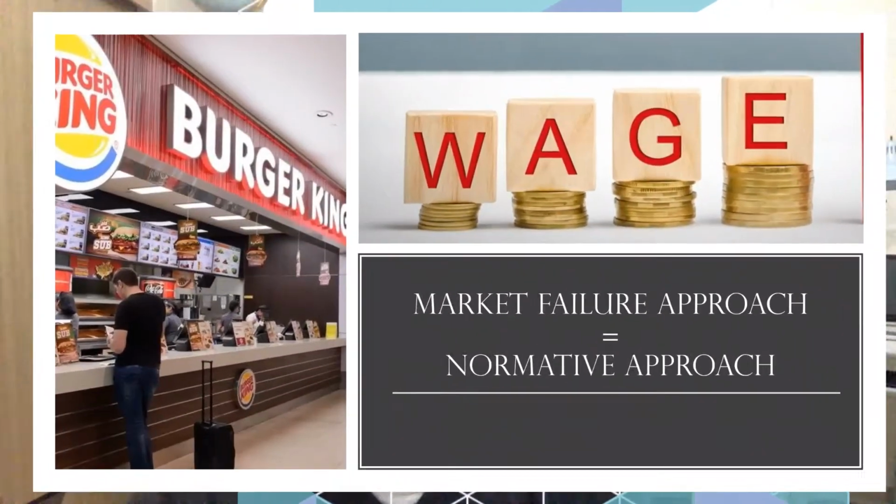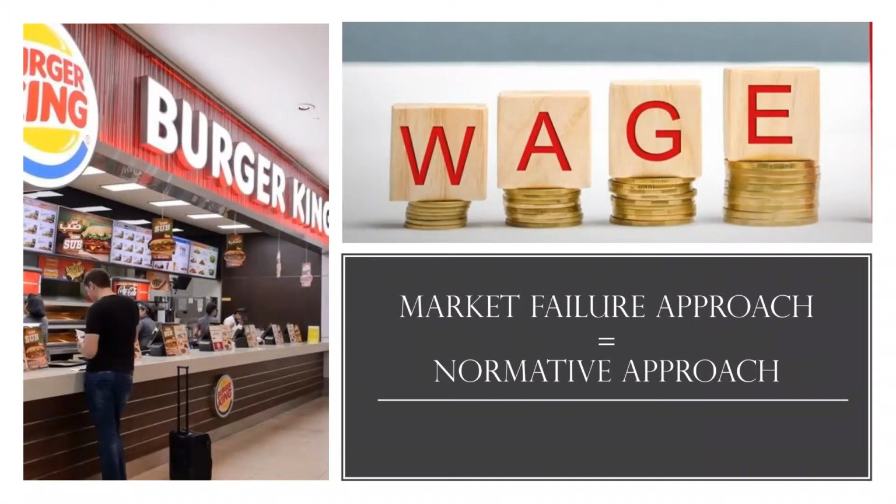Government ought to provide welfare. Government ought to increase the minimum wage, for example. And if you look at this picture, the minimum wage argument is a normative approach argument.